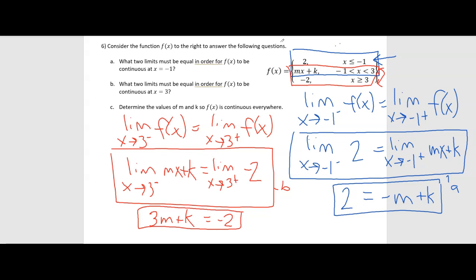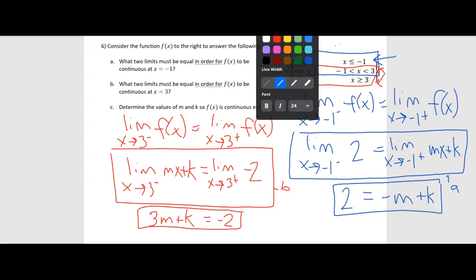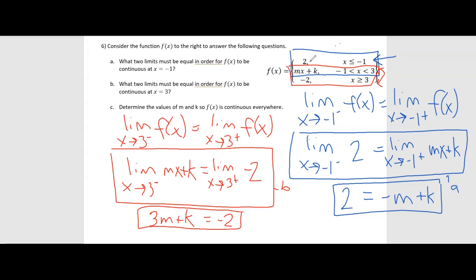So I'm going to solve my blue equation for k. So I'm going to add m to both sides. So I get 2 plus m equals k. And I'm going to take this value right here and substitute it in for my k in my red equation.